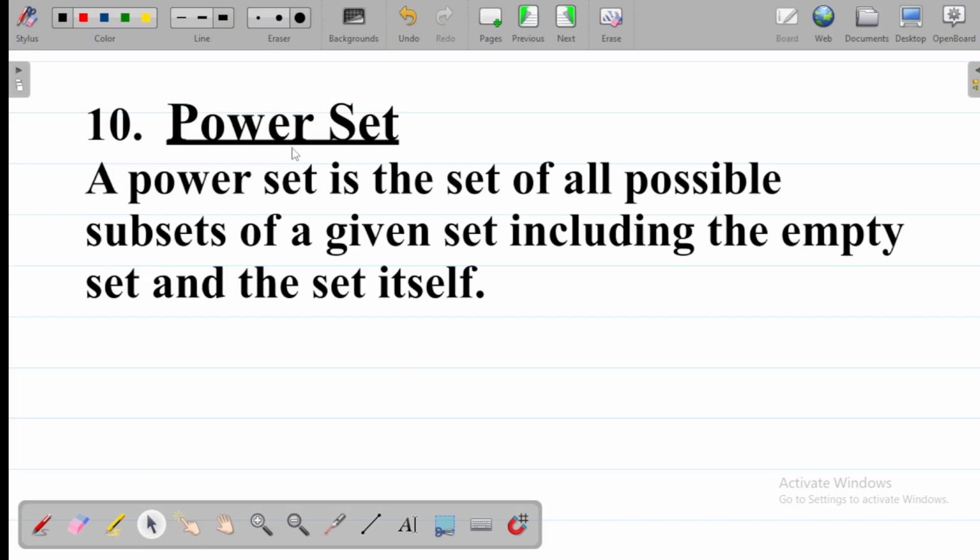We have power set. What is a power set? A power set is the set of all possible subsets of a given set, including the empty set and the set itself. Let's take an example.